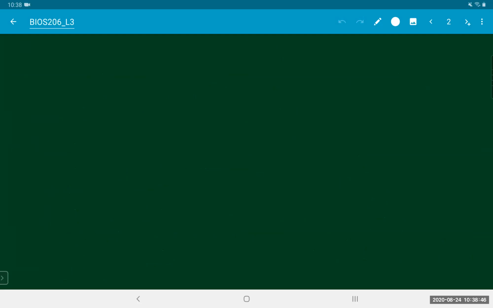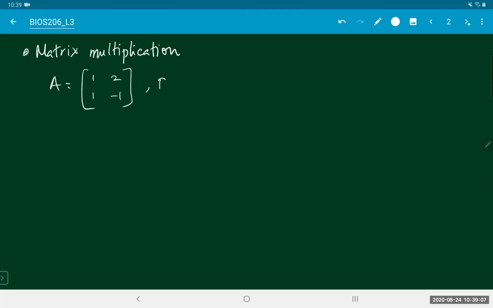So there's one very interesting property about matrix multiplication. Suppose I take two matrices. Let's take some small numbers: 1, 2, 1, minus 1. So this is a 2 cross 2 matrix, and I'll take another 2 cross 2 matrix: 2, minus 1, 3, 4.